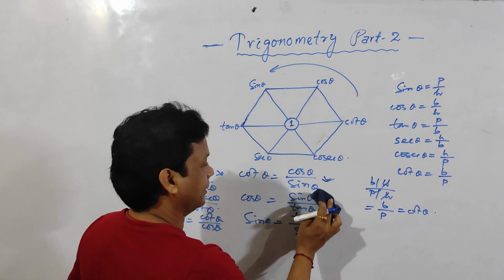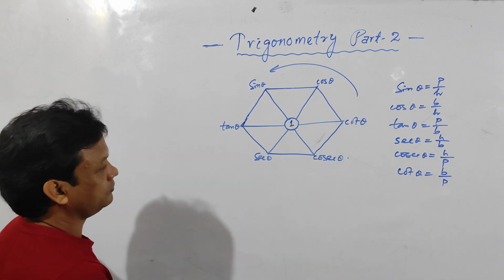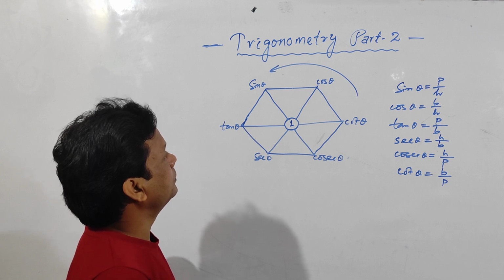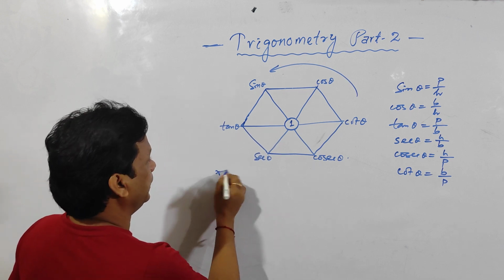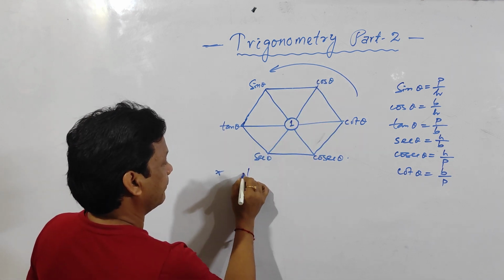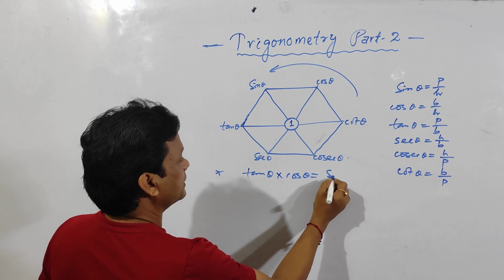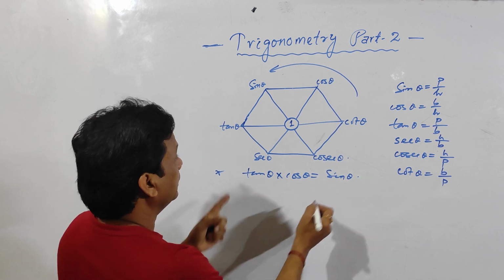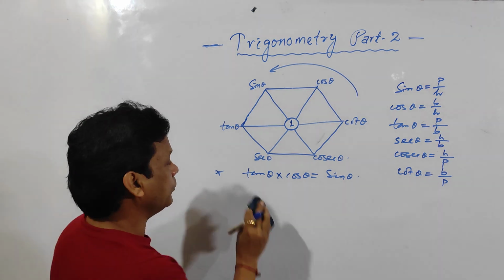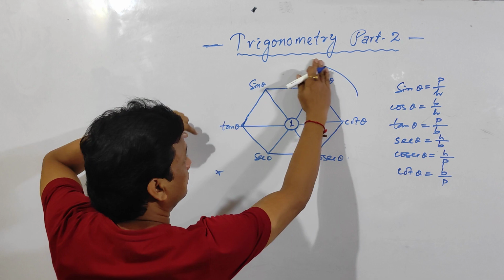So again, see here. Another 6 formulas I am going to prove. Tan theta into cos theta is equal to sin theta. This into this is equal to this one. That means, see here, I am going to tell you in a different way. What is the value of sin theta?